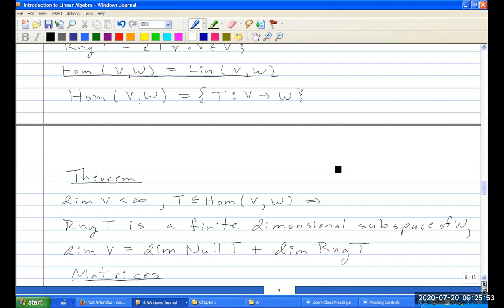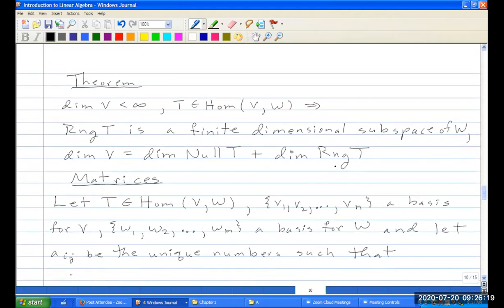The way Axler does it, he does it almost immediately, because it's really fair if you make some easy definitions.